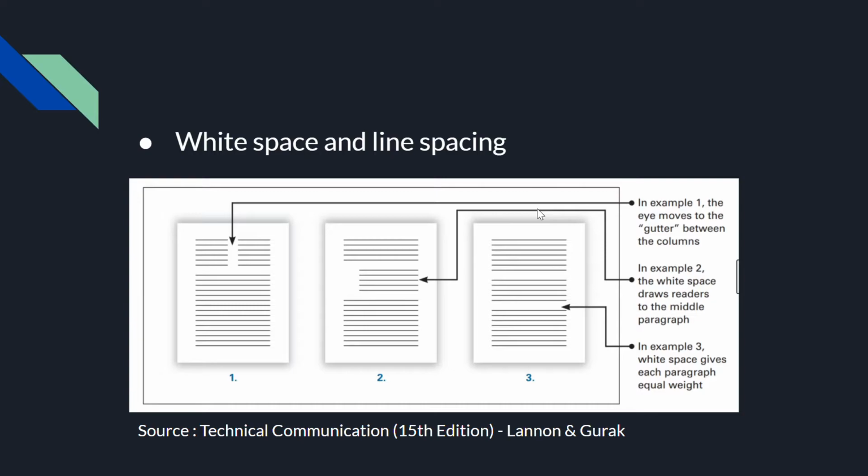In the second example, the white space attracts the reader's attention to the middle paragraph. And in the third example, you can see there is even spacing between paragraphs, which makes it easier to read.